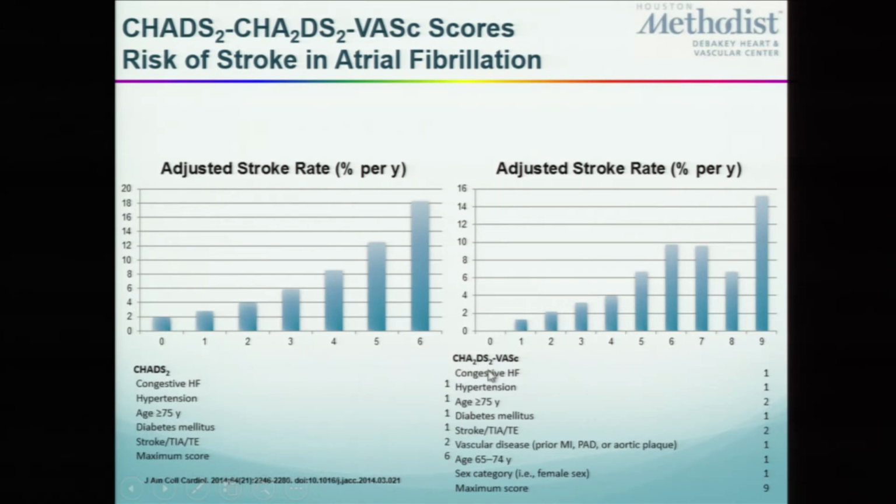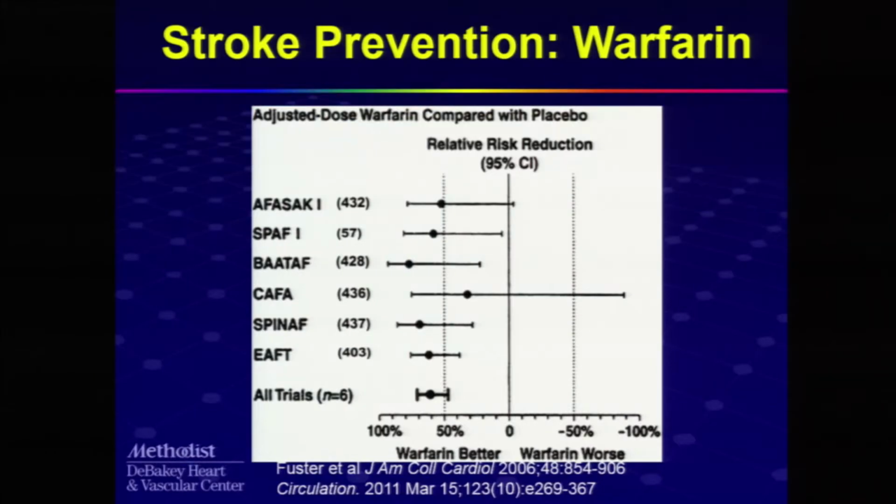The CHA2DS2-VASc of 0 patients, males of age 45, completely healthy athletes that have AFib, do not have a very high risk of stroke. And in those patients, the risk of anticoagulation is actually greater than the risk of stroke with AFib. So what have we tested over the past 5 decades of AFib management for stroke prevention?